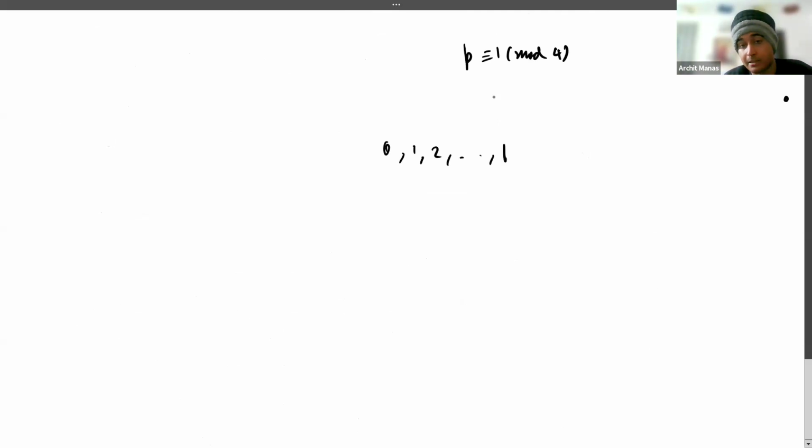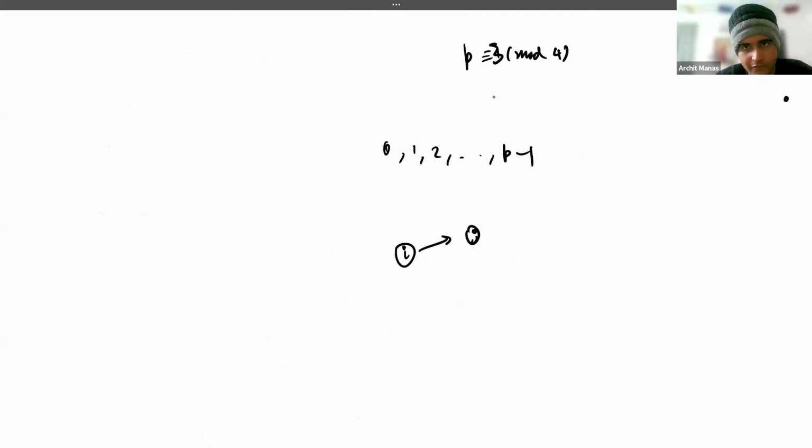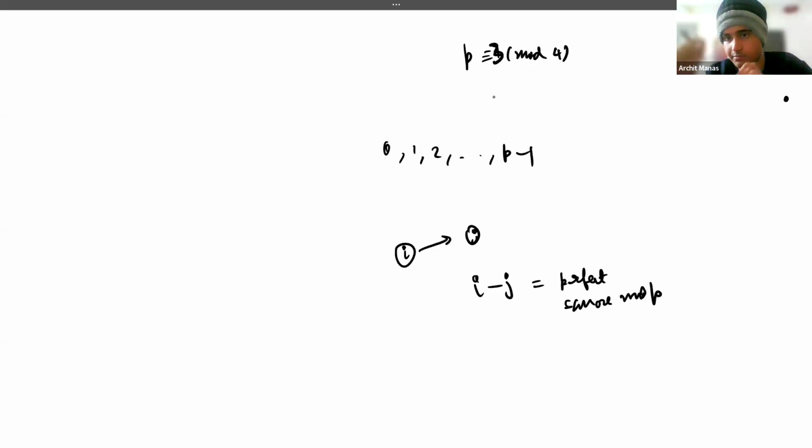Let's say you number them from 0 to p minus 1, and you join i to j if i minus j is a perfect square mod p. So this way, there's exactly one edge in each direction, because if x is a perfect square mod p, then minus x cannot be. So this is an example of a valid tournament, and here you'll find that half the edges leave and half the edges come in. And so cycles will happen very quickly in this type of graph.